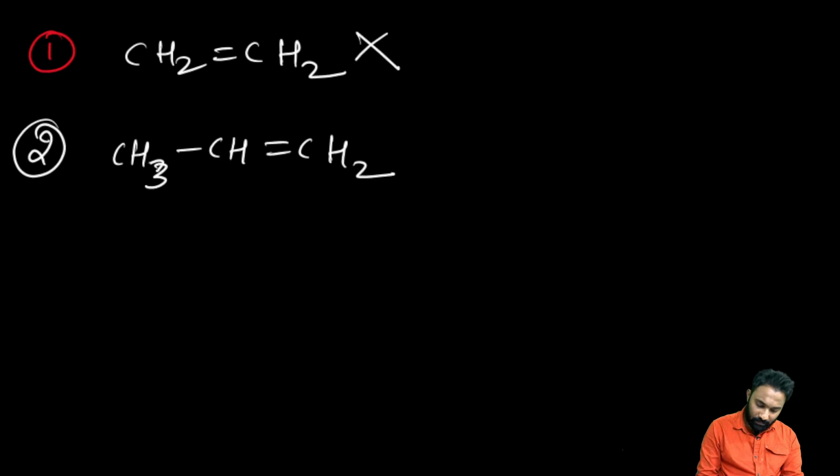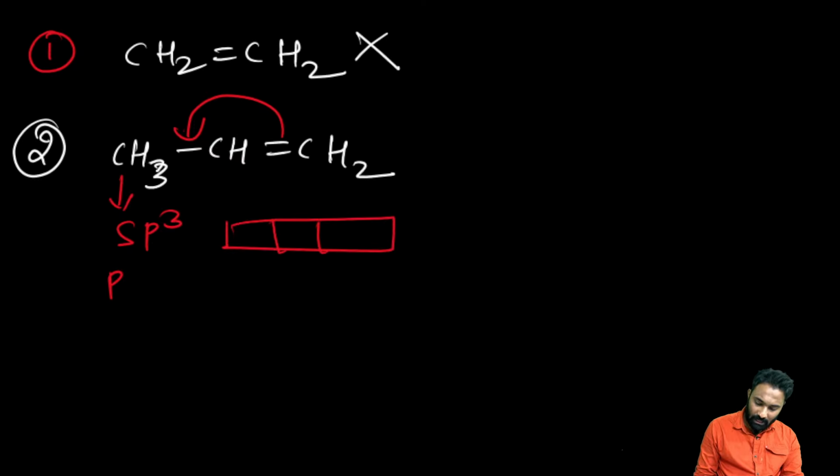Here you can see, if this pi bond wants to shift toward this carbon for conjugation to happen, this carbon is sp3. So no conjugation. If this carbon is sp3, then all its orbitals are filled, so it will not accept these pi electrons.